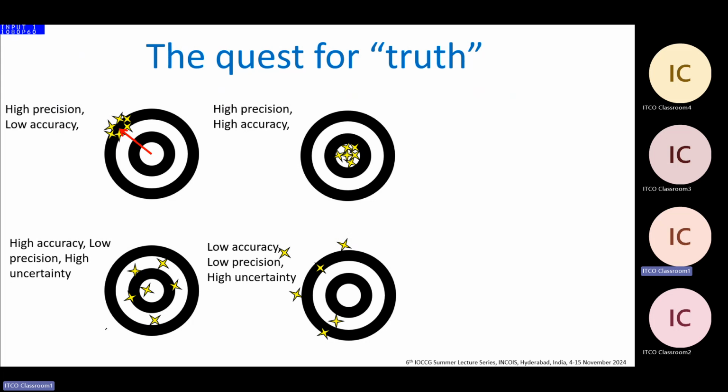That's just a simple way to remind what precision and accuracy are and how both are considered to determine these uncertainties. So you have these few targets, and the yellow stars are the number of tries that you have been doing to reach the target.